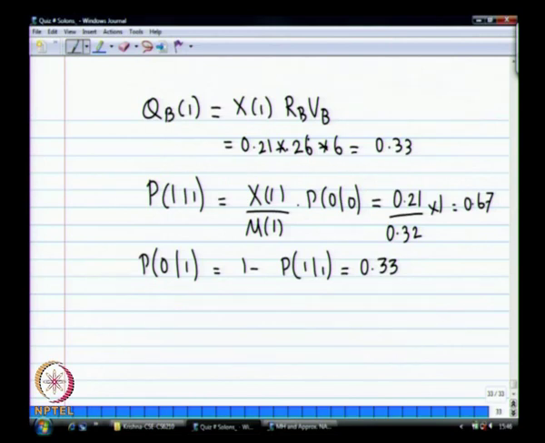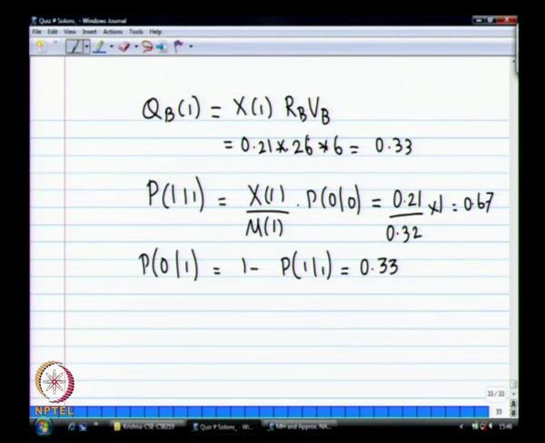Alright, so QB of 1, the updated version for the queue length, is now based on the new X that we calculated, so X into RB into VB, which is now 0.33. So from QB of 0 it is now updated to 0.33.